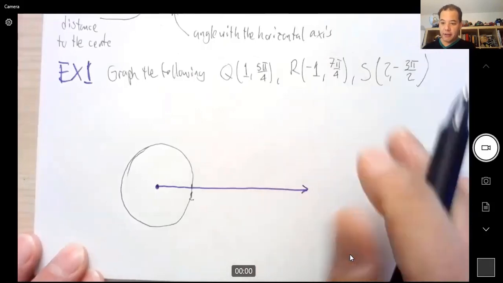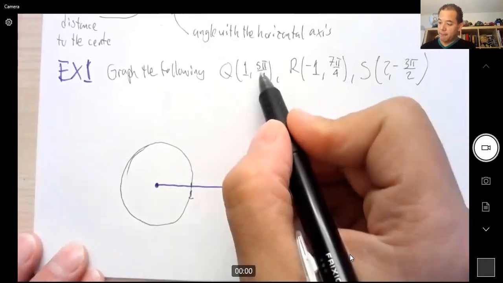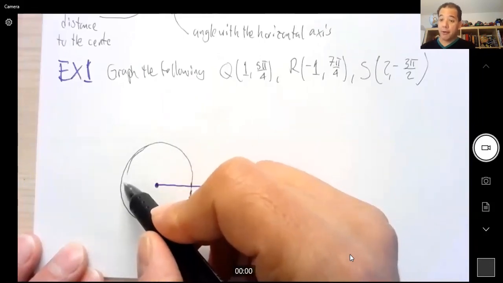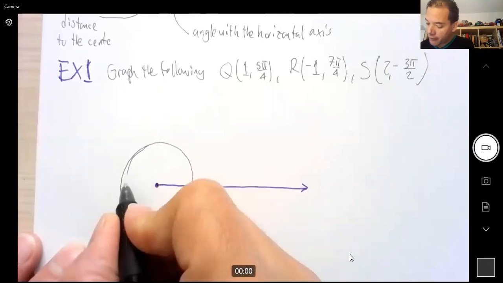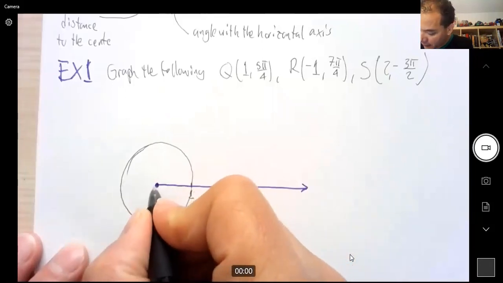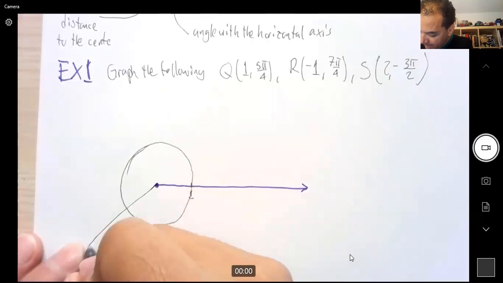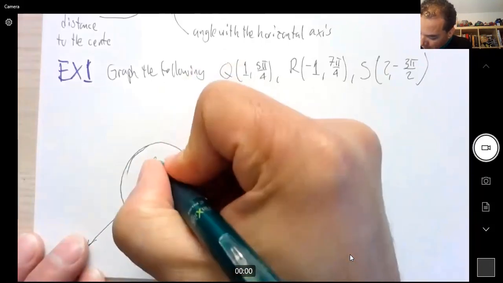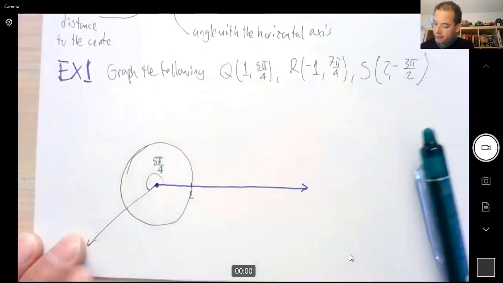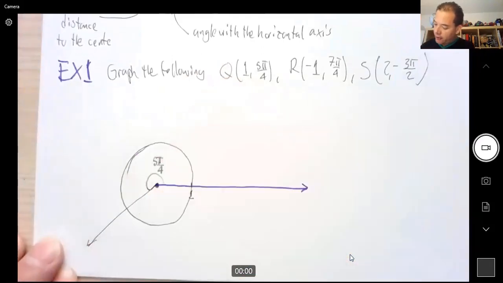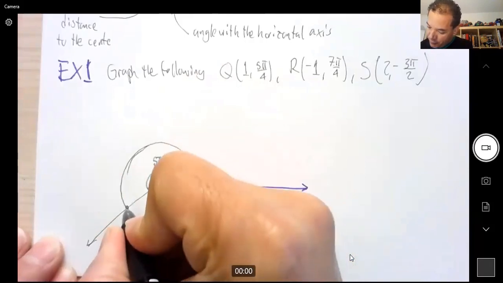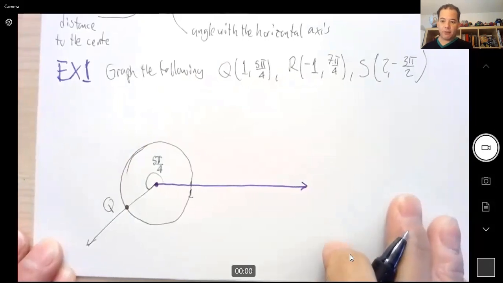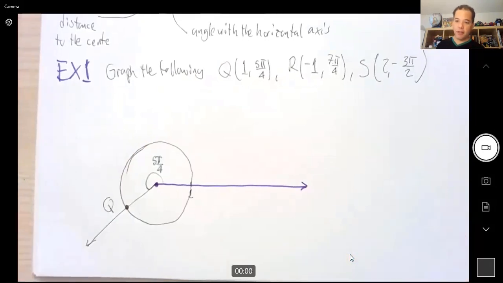So that's an angle of pi, that's 180 degrees, and then pi over 4 more. So that's 45 degrees more, right? So it will be right here. This is an angle of 5 pi over 4. So right where this direction and this circle cross, that's where your point is. This is the point Q. Okay? Is that clear? All right.